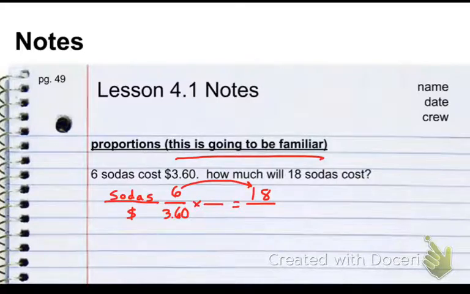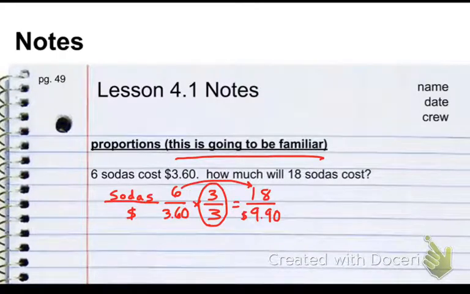In this case, it's 3. 6 times 3 gives me 18, and I set it as the bottom as well. And if I do 3 times 3.60, I end up getting $9.90. So basically I just increase them by a proportional rate. And that's how we solve these problems.